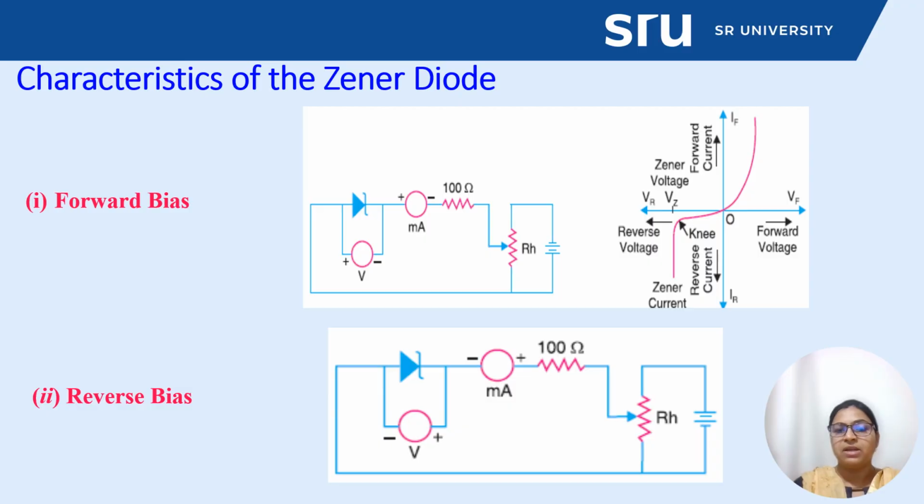The remaining is the same. So this is the typical IV characteristic of the Zener diode.